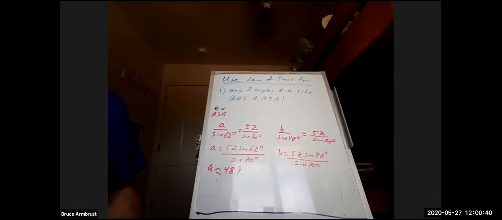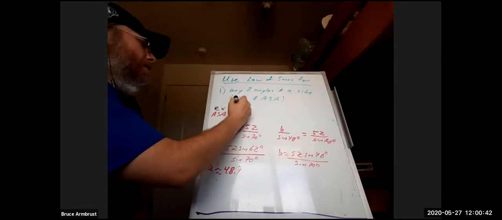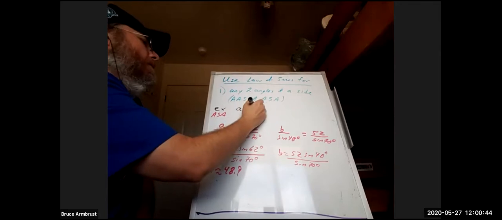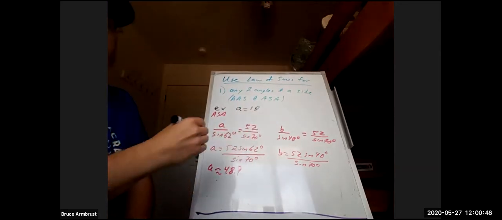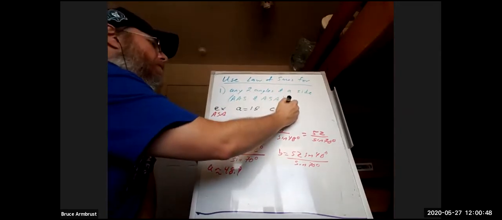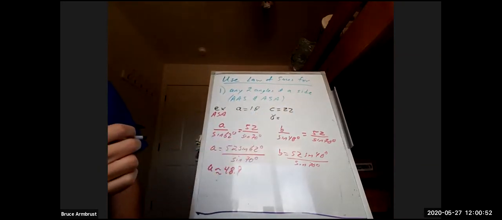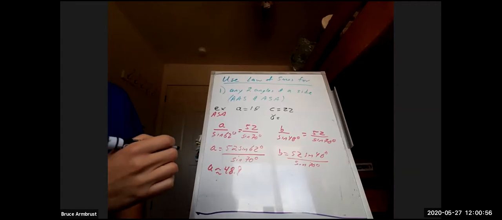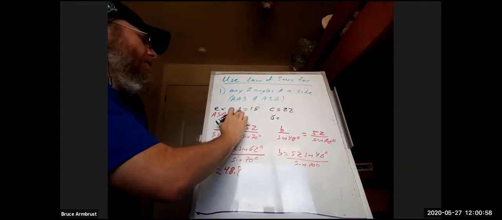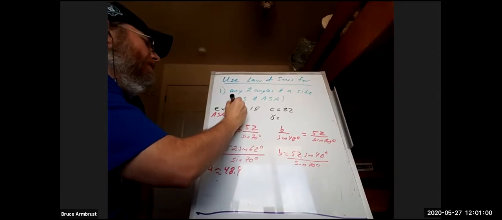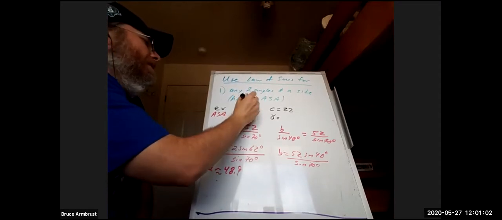But let's say I'm going to tell you that A is equal to 18, that C is 22, and gamma, actually, hold on. Alpha equals 18.